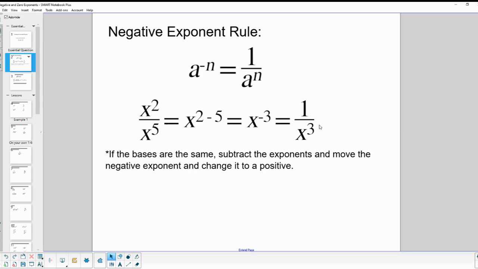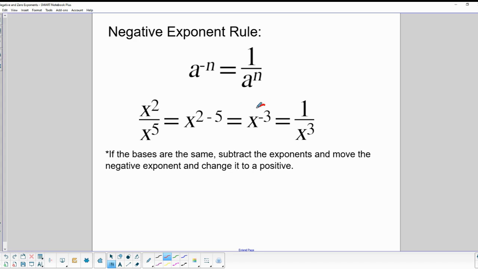But what we're really trying to show you is that there's two ways to write this same thing. You could either write it with a negative exponent, x to the negative 3 power, like you see here, or you could write it like this, 1 over x to the positive 3 power.